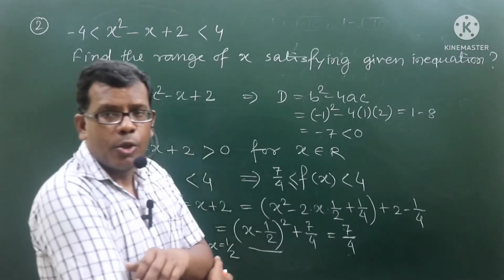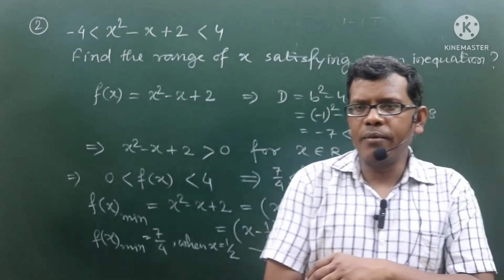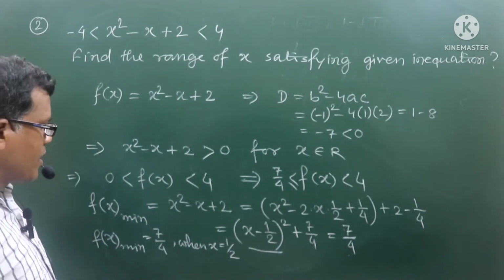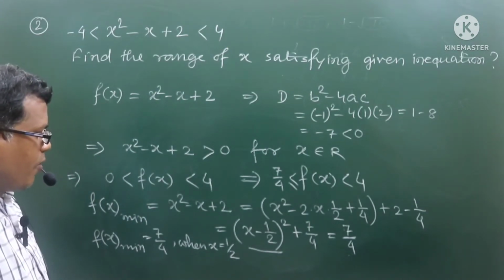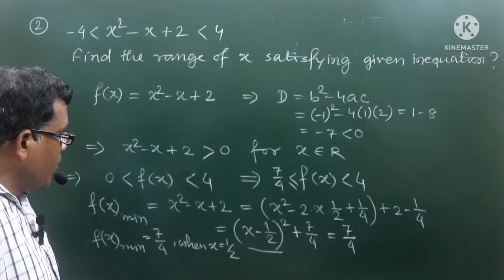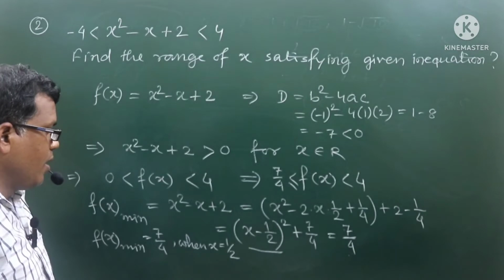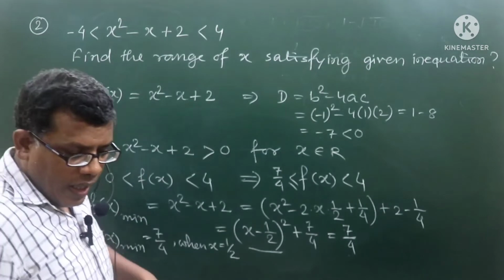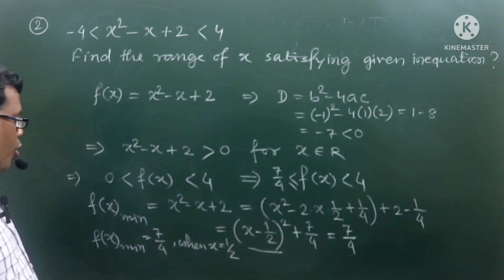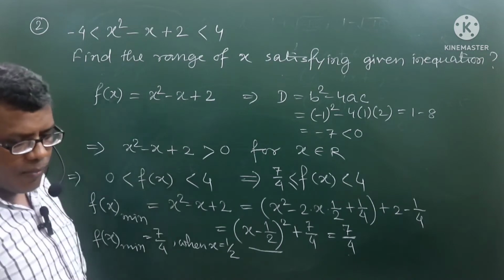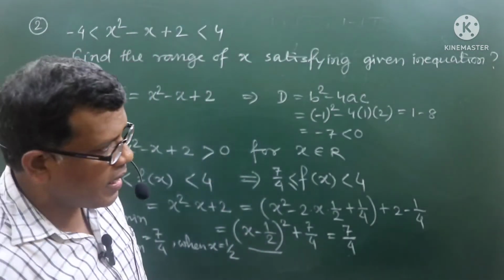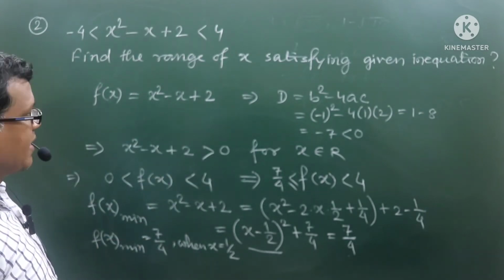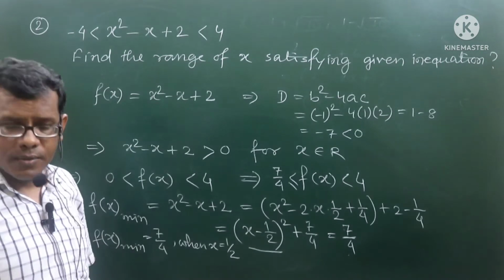When we take x equal to plus half, we get the minimum value of the expression, which is 7 by 4. Now we need to check the permissible value of x for which the quadratic can have its maximum permissible range as has been suggested. Have you written this much?